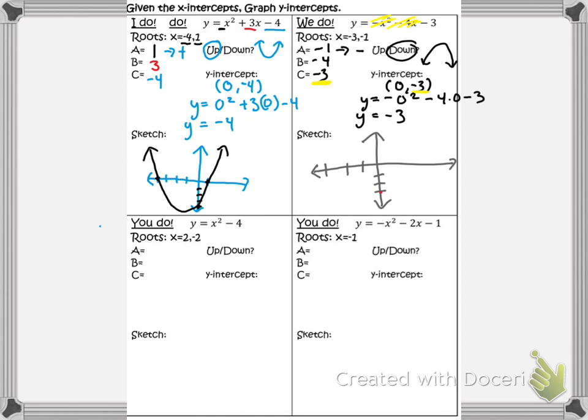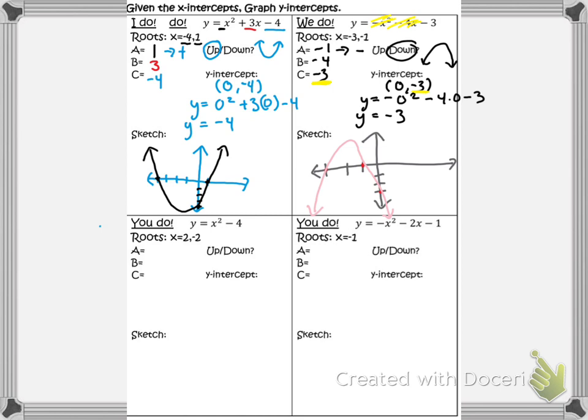So here's our y-intercept, here's our roots, and it opens down. So ours will look like this.